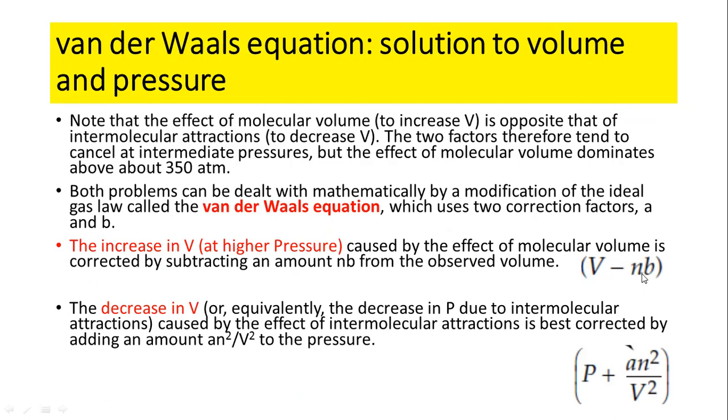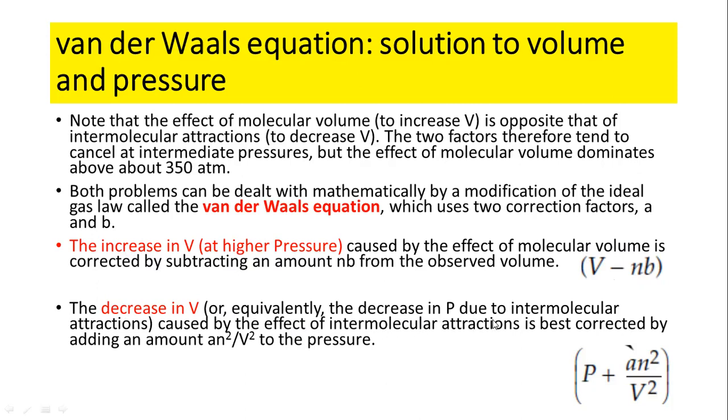So you have to subtract that amount to correct the volume. The minus sign is used because there is an increase in volume at higher pressure. That's why you subtract this from the actual volume. The decrease in volume is equivalent to decreasing the pressure due to the intermolecular attraction.